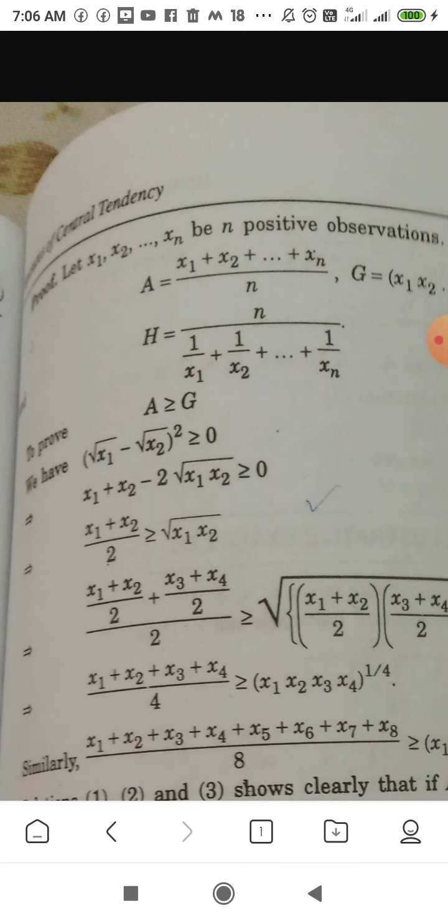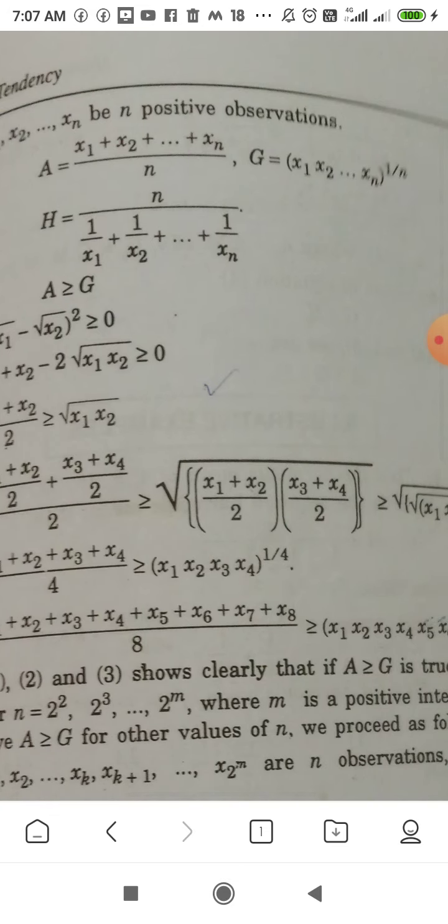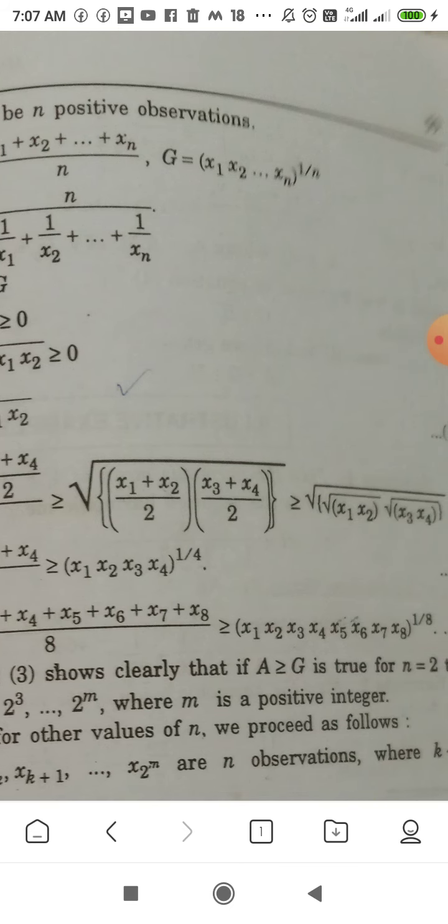So for two elements it is proved that A is greater than or equal to G. Next, suppose we have 4 elements, then again taking the mean of this, x1 plus x2 upon 2 plus x3 plus x4 upon 2, or averaging this, is greater than or equal to x1 plus x2 upon 2 into x1 plus x2 upon 2, whole root, taking the root.